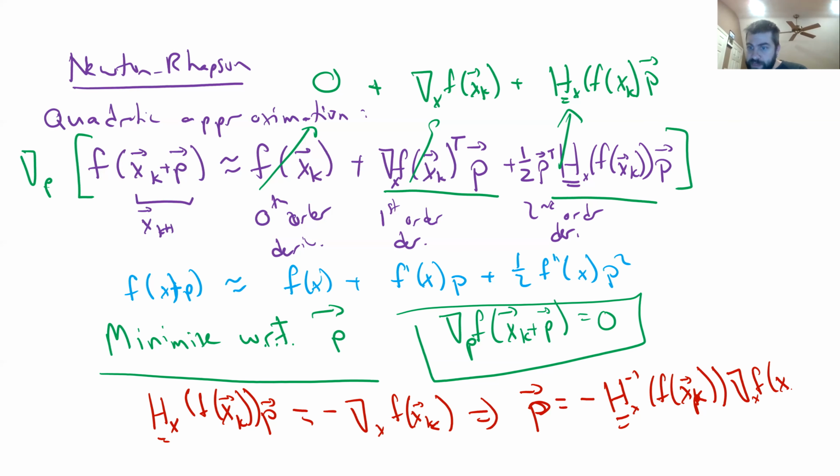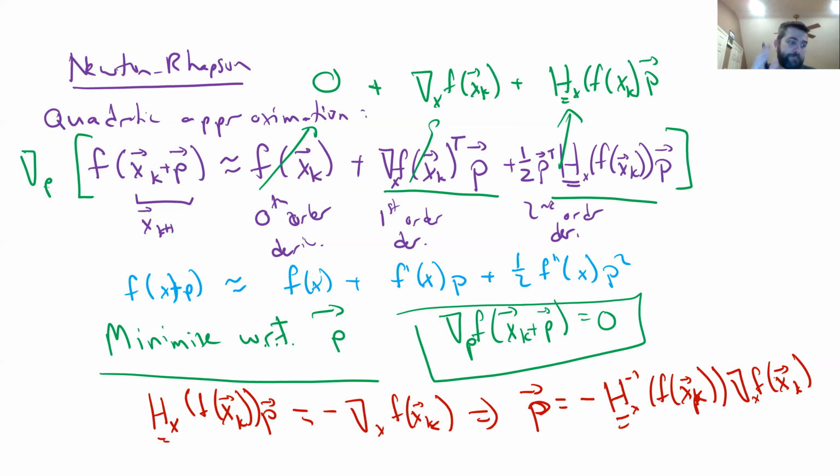So this gives us an update that would directly solve for this quadratic approximation. This method can be incredibly efficient. It can often find a local minimum in a very, very small number of steps. And for many applications, it's a really great method to use.